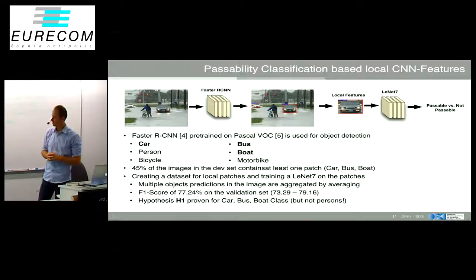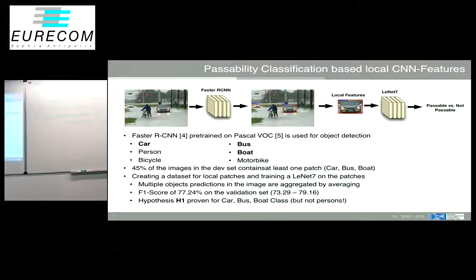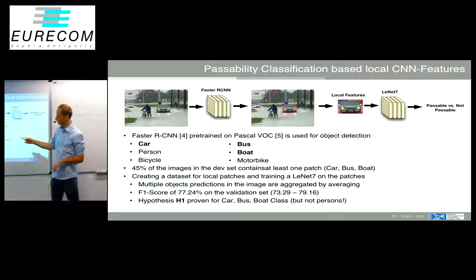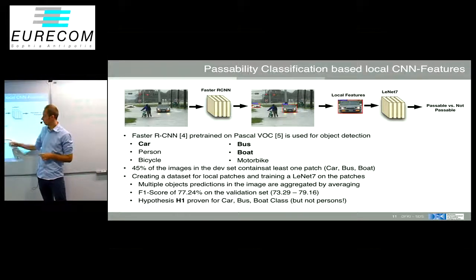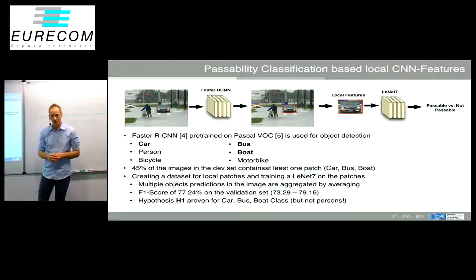So this didn't work for us at all. What we did in the end is combine cars, buses, and boats into one class and train one network to classify this. We also saw that it's quite common in the dataset: in about 50% of all the images, we saw at least 1 or 2 of these local concepts.